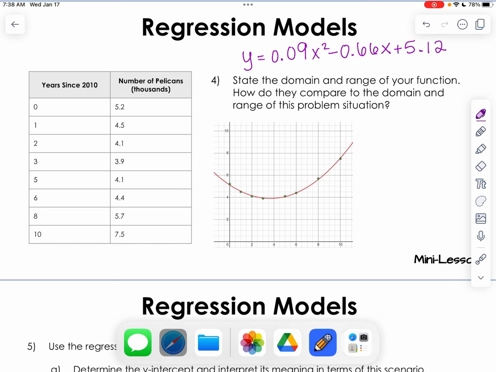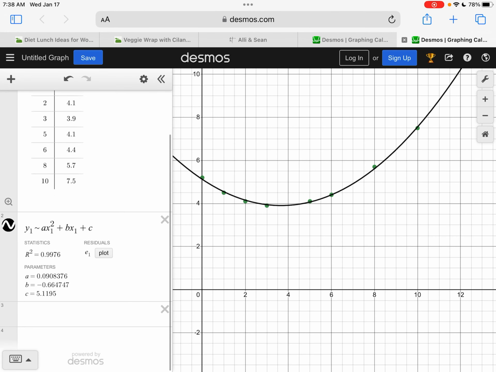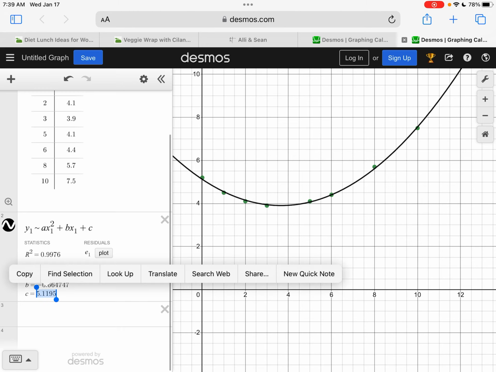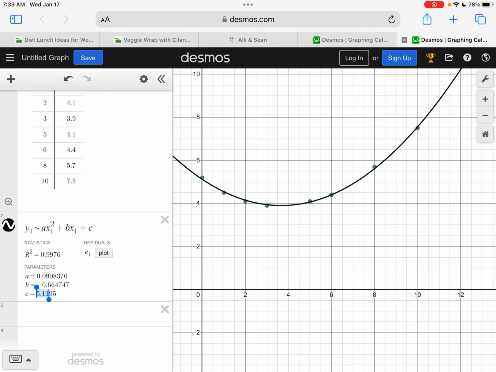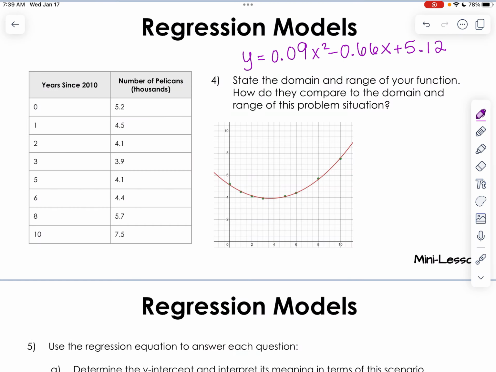Again, just to remind you, those numbers came from right here in the parameters. That's 0.09 for A, negative 0.66 for B, and then 5.12 when we round it to 2 decimal places for C. So that's where I got those values to get the equation for our quadratic of best fit.